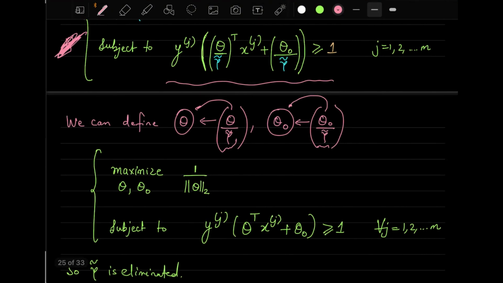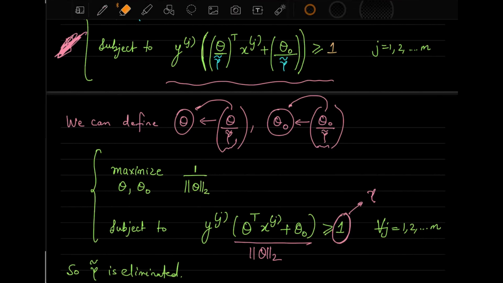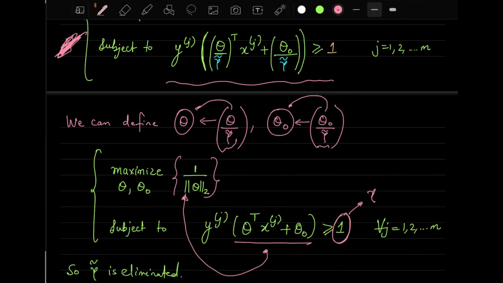You can see your 1 is here now. Earlier it was gamma, and in the denominator you had theta 2, which is also gone, and it is now at this point in the objective function.